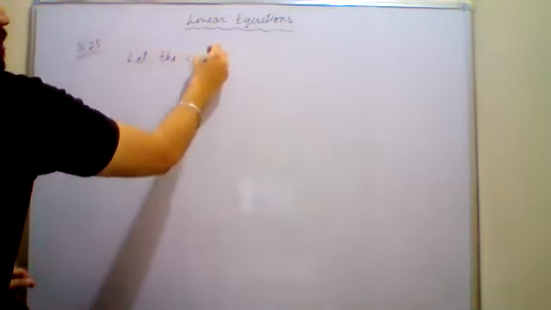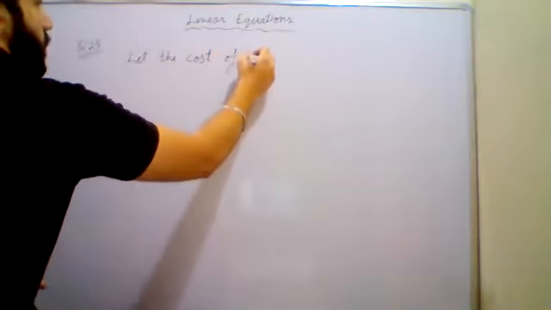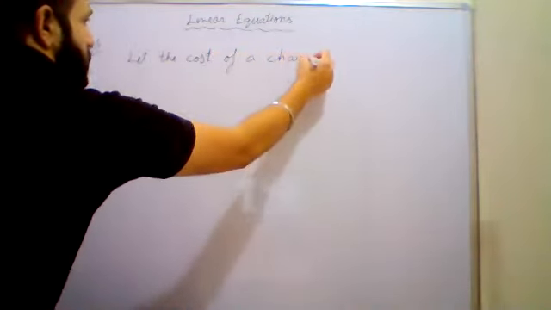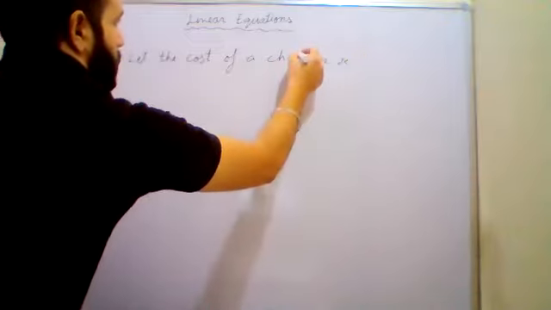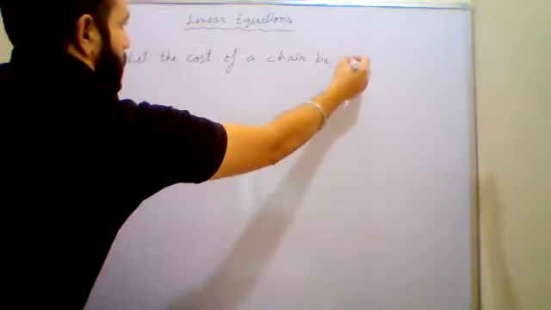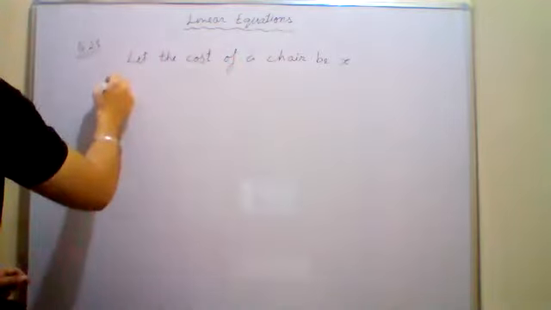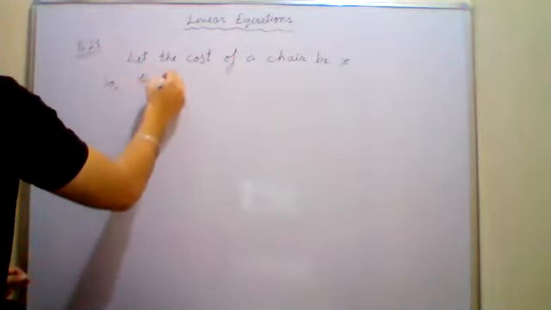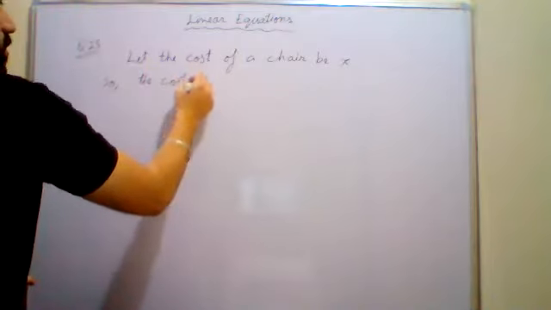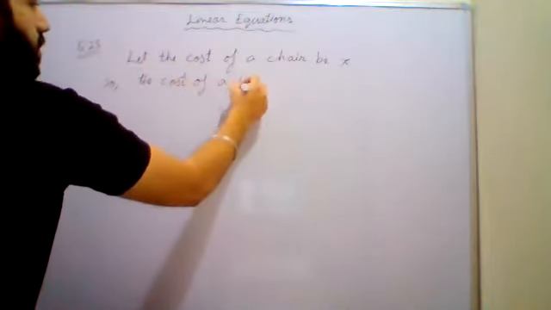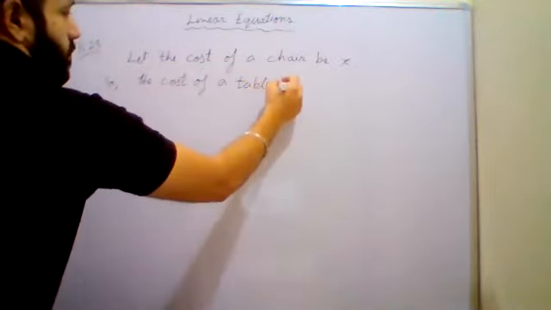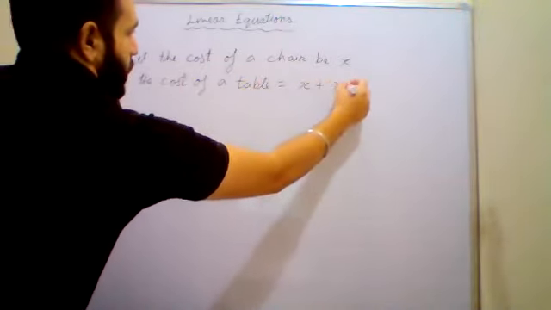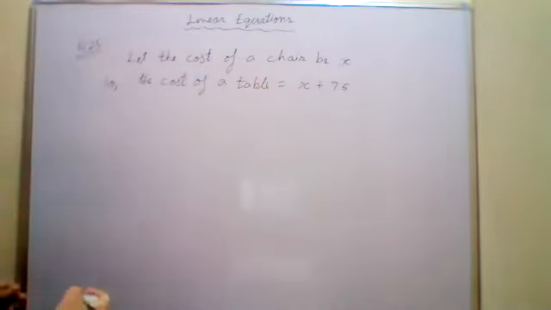Let the cost of a chair be X. So the cost of a table will be X plus 75.